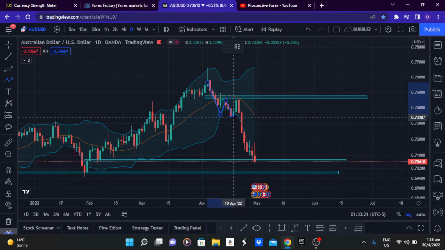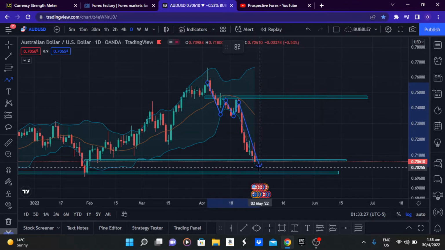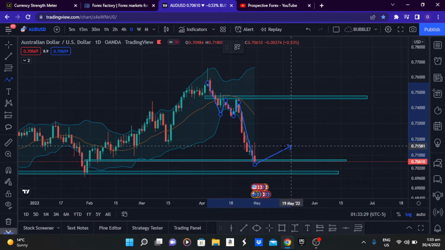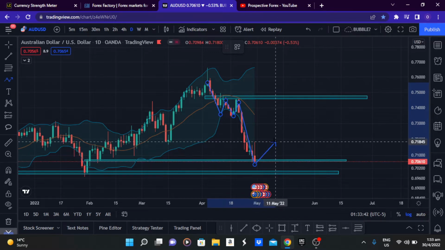Then a minor support was formed to make a retest here, and then it went all the way down to this support right here. Within that movement, what I'm basically looking for is the price to tap into around this level right here.